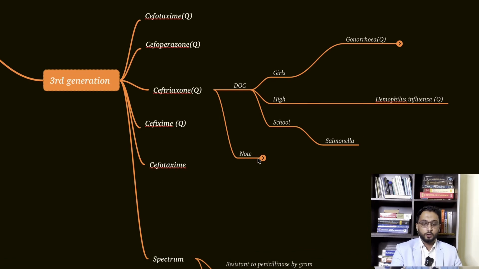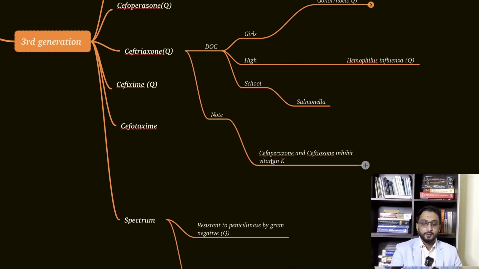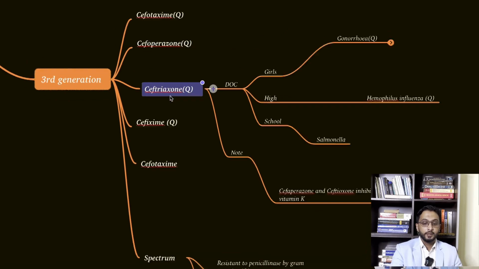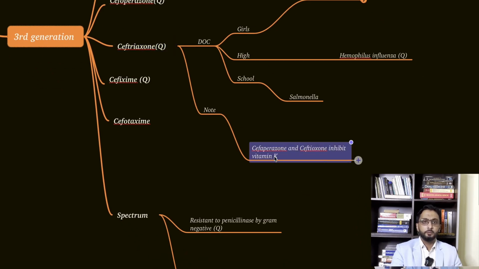And finally, one more note here. Ceftriaxone and cefoperazone have one more problem. They inhibit vitamin K. Now, one drug which inhibits vitamin K is warfarin, which is used as an anticoagulant. Now, you can't give these two together. We're going to come to the question on that.